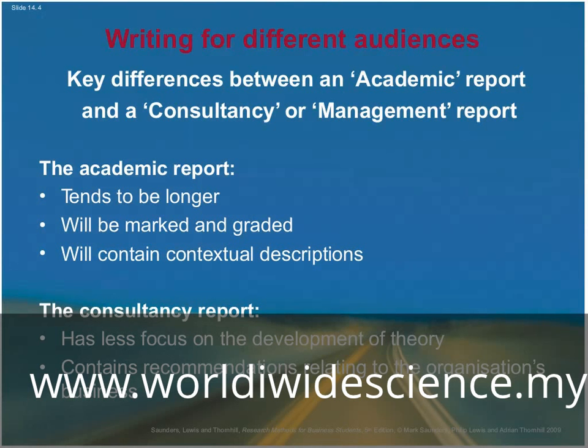You should follow the criteria of the academic area that you do the research for. So it tends to be longer, because it should include all the details, and you should follow the specific criteria.